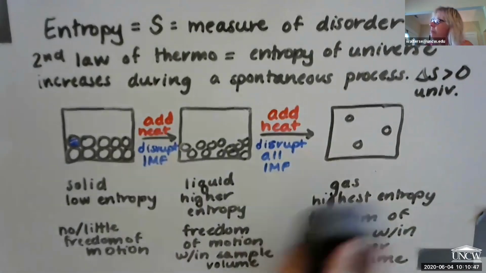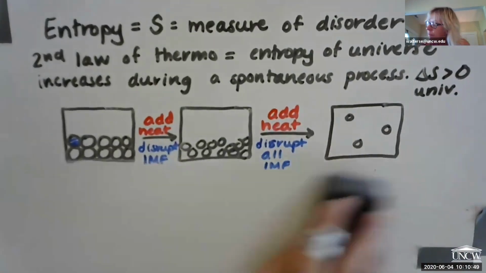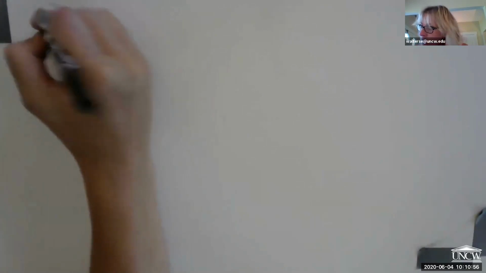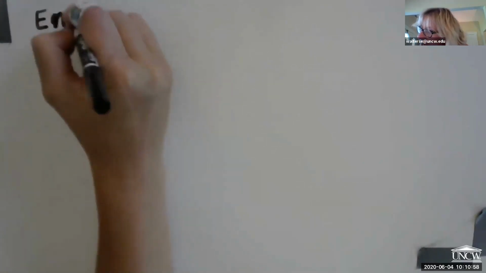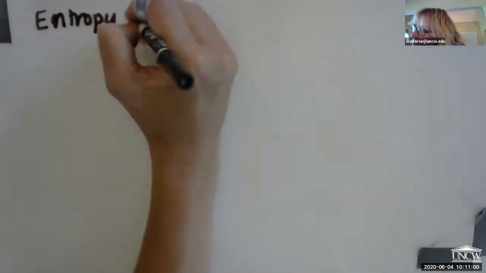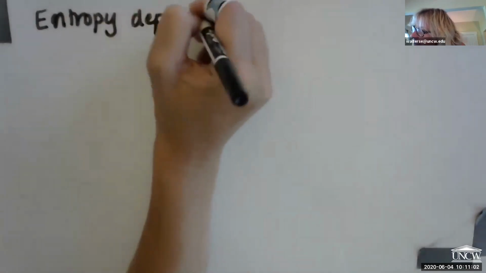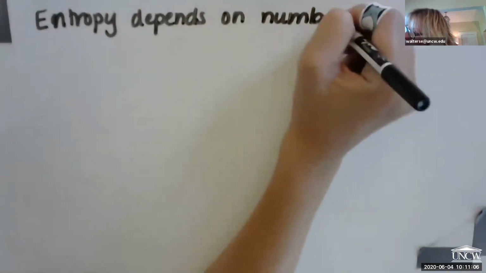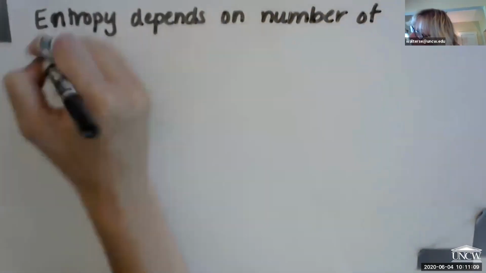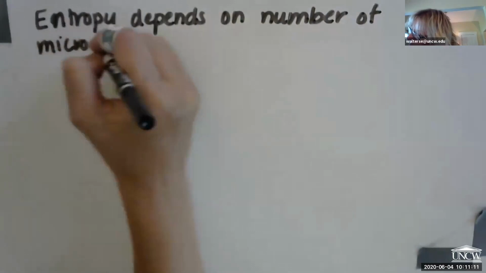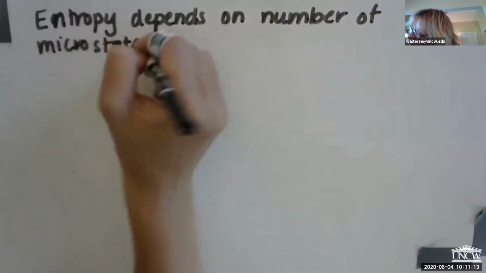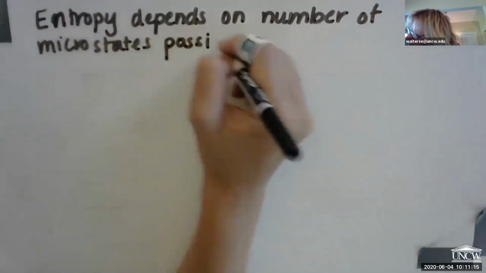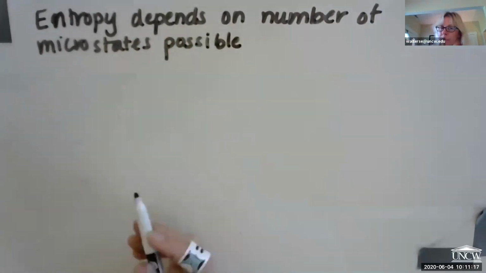The other part of entropy that you have to consider is that your entropy depends on the number of microstates possible. Okay.